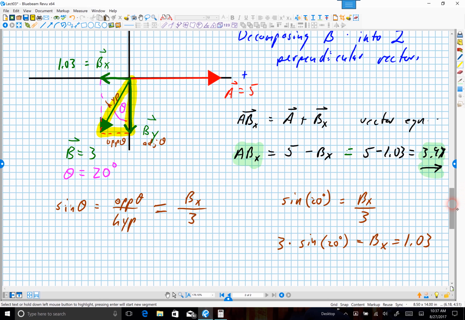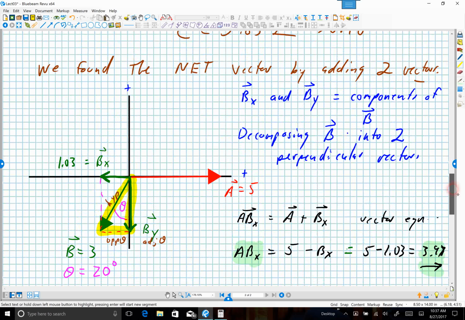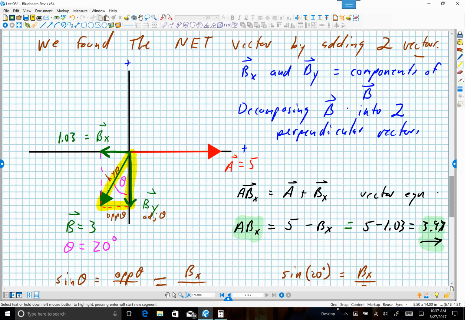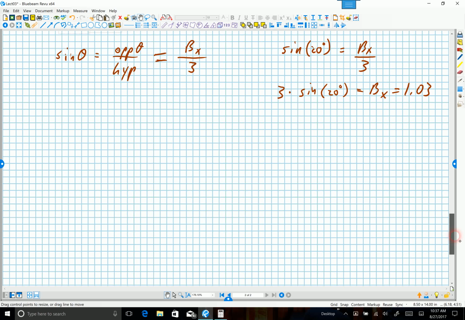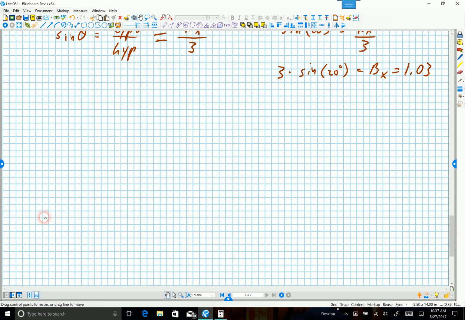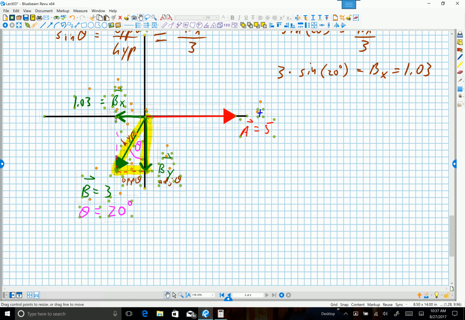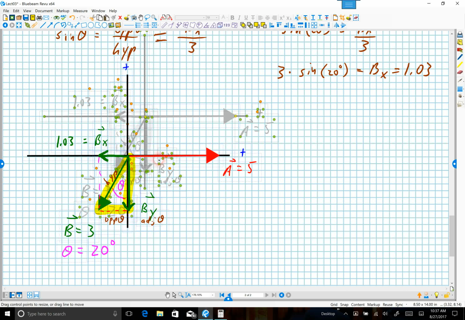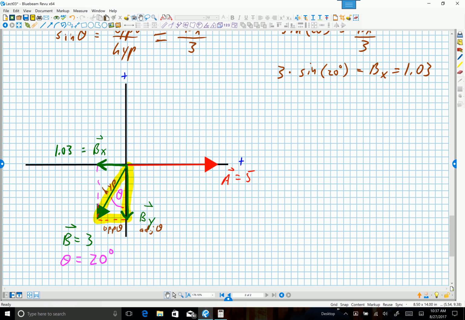So now if I redraw my situation, let me make a copy here. Copy, paste, so I don't have to draw it all again. Now let's clean this up a little bit. Got too many things on here.